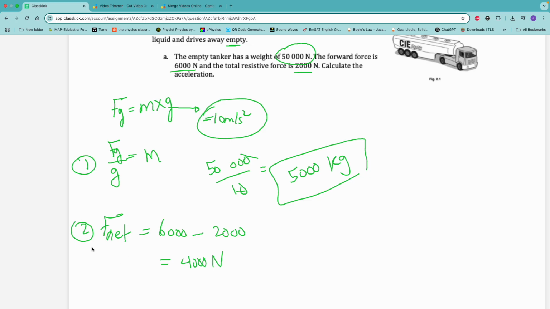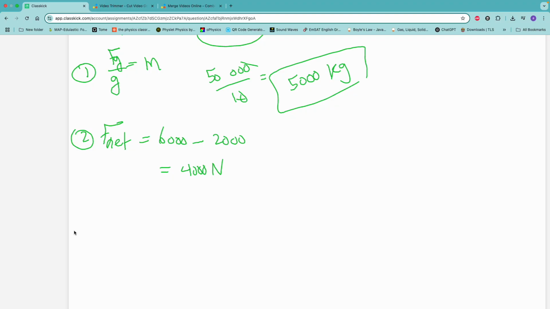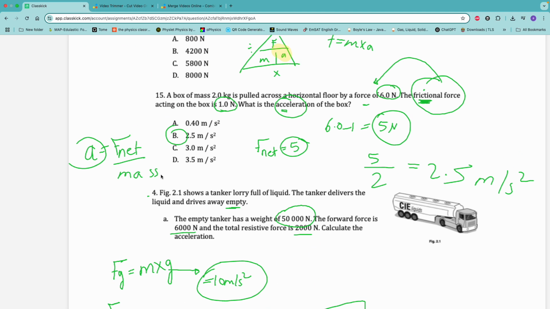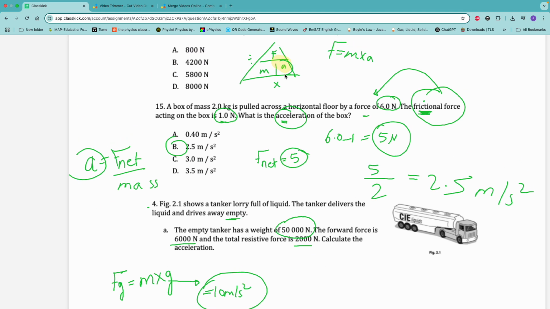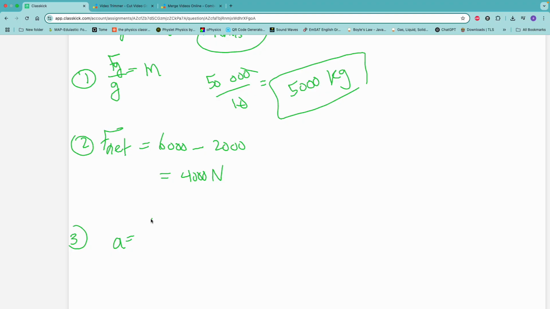Step 2, you calculate force. Step 3, you calculate acceleration by using the formula of Newton's second law: net force over mass, 4,000 over 5,000. It gives 0.8 meter per second squared.